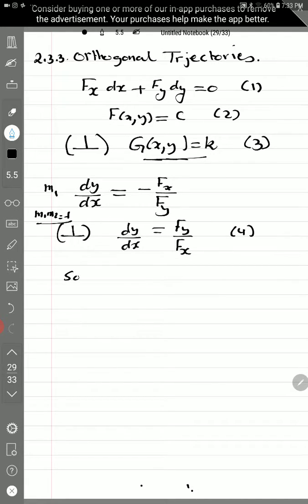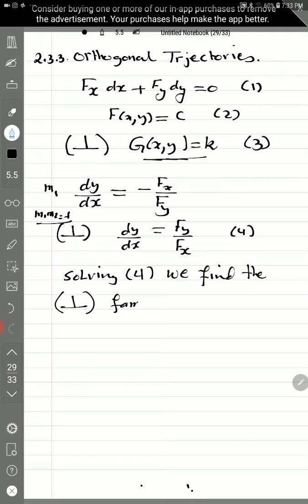Solving 4, we find the orthogonal family to 2, which is given by 3.